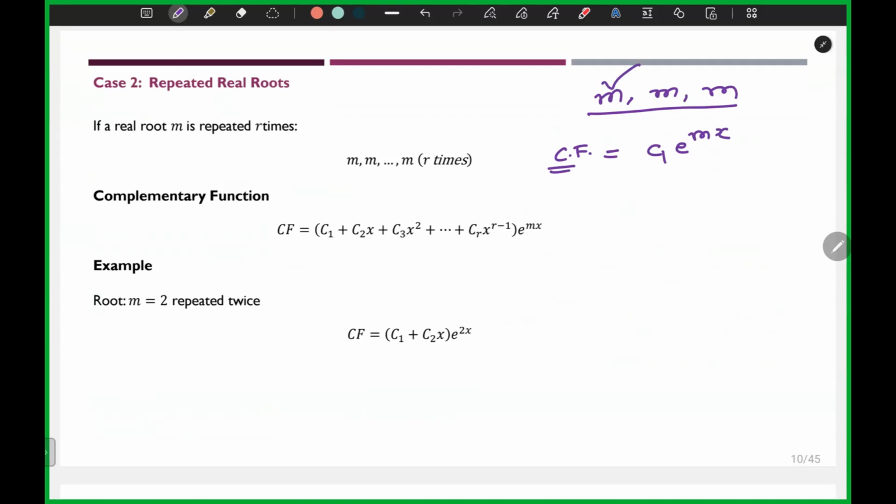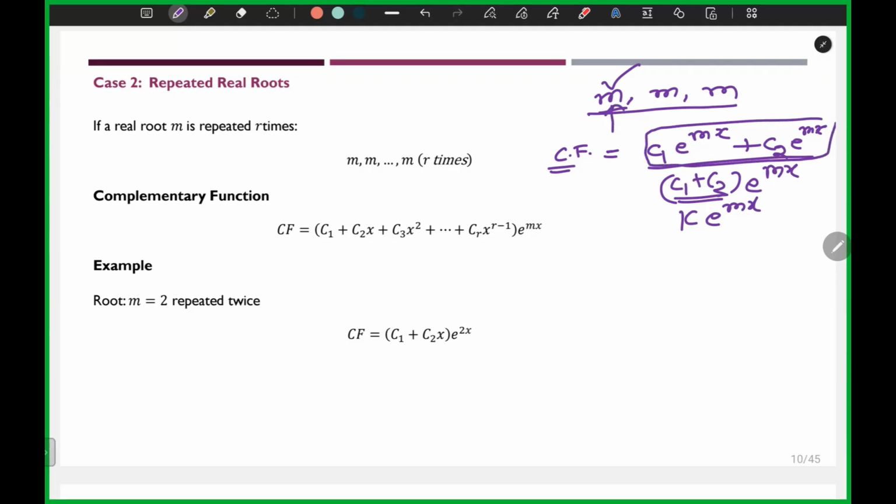One value is covered. What about next? If we follow the same procedure as in the distinct root case, it becomes c1 plus c2 times e to the power mx again. We can call this a new constant k e to the power mx. So here only one root value is considered.